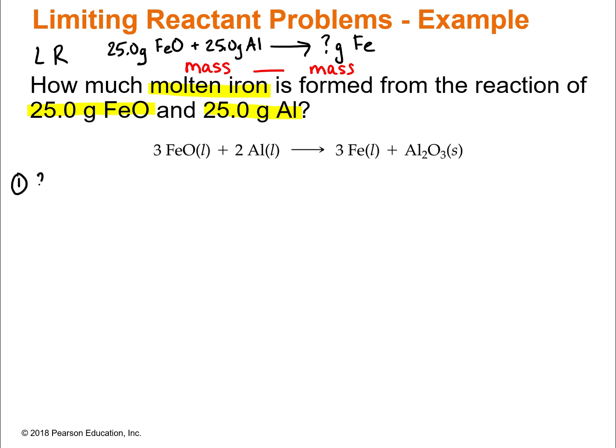So the first problem we're going to do is taking the 25 grams of iron 2 oxide and converting that to grams of molten iron.